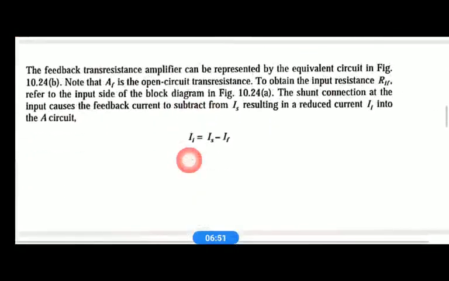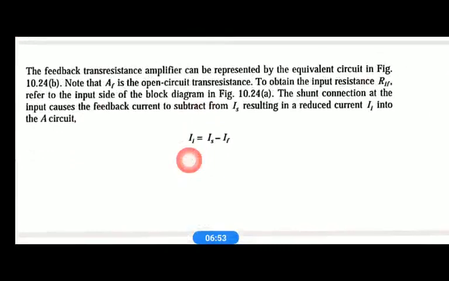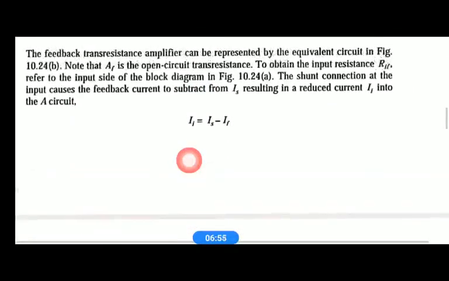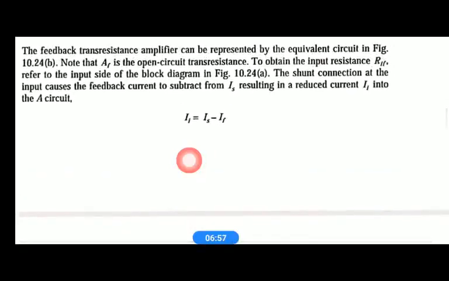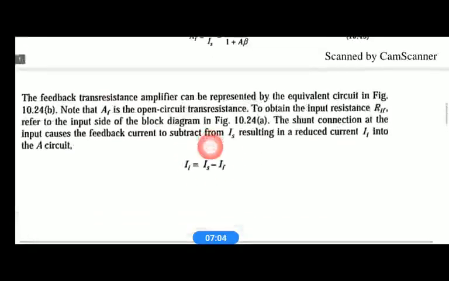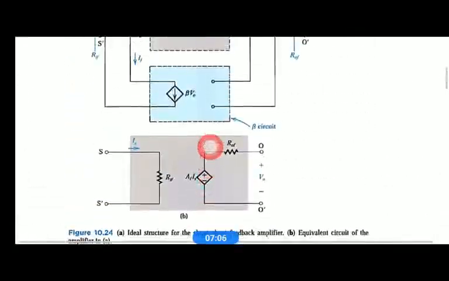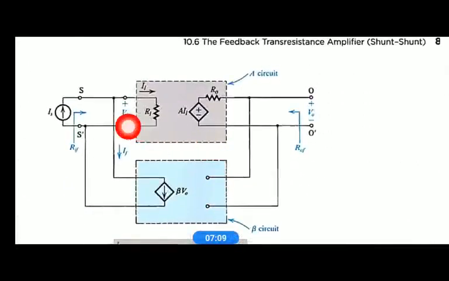Then we derive the equation for input resistance RIF. To derive it, we know that the current II is IS minus IF. The current IS coming here is dividing into two currents: one going here, IF, and another, II.